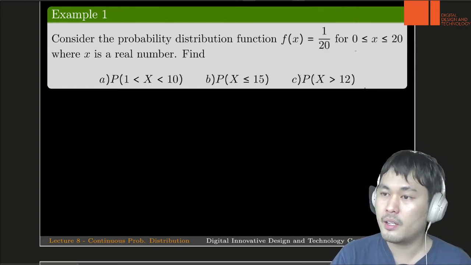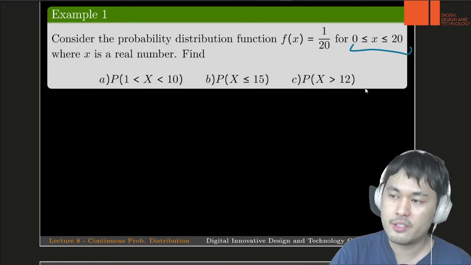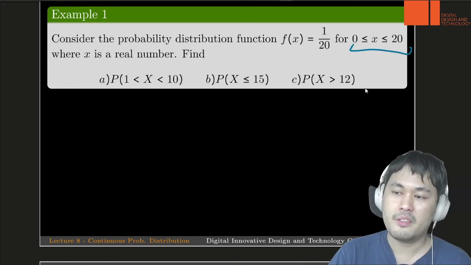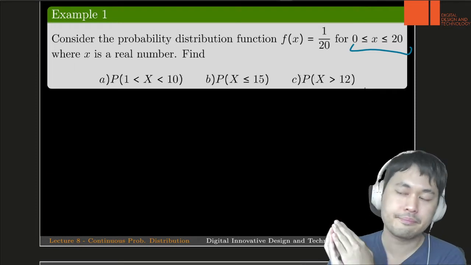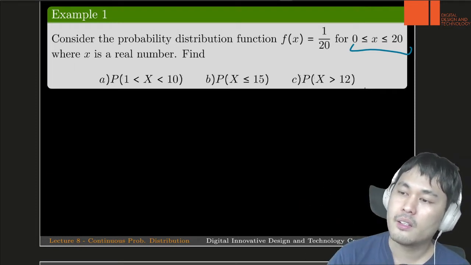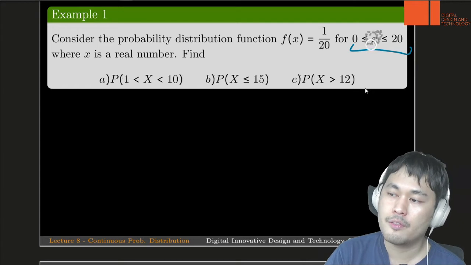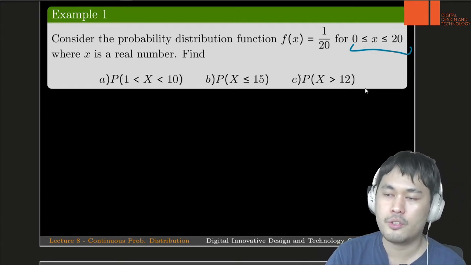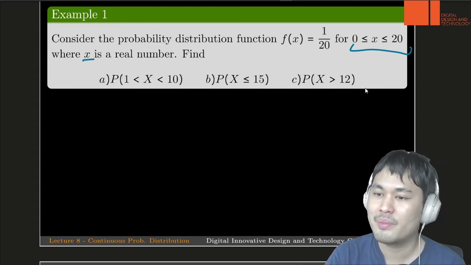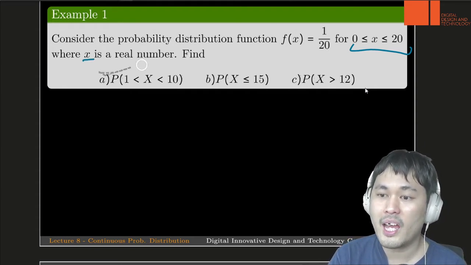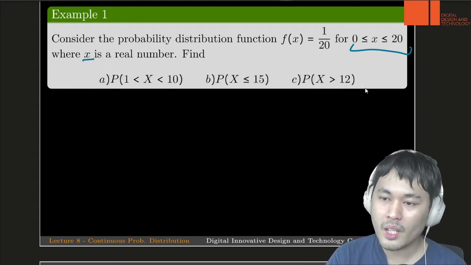The moment you see that range, you can say immediately that we are talking about continuous, not discrete, because there are infinitely many outcomes for x. It can be anything between these two numbers, where x is a real number, of course. Then we are asked to find these three probabilities.